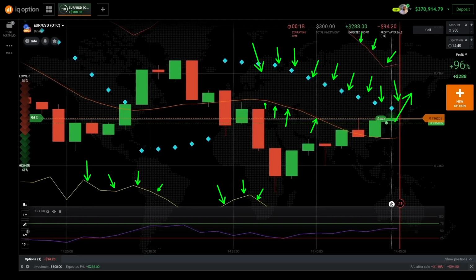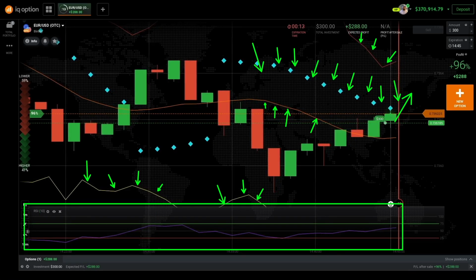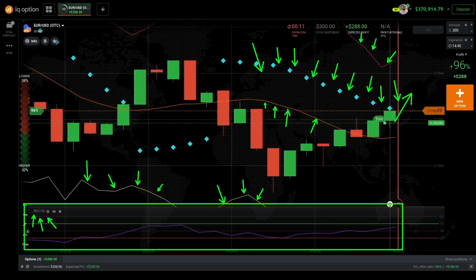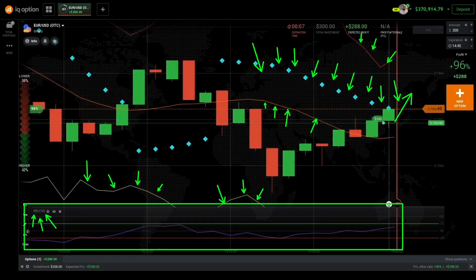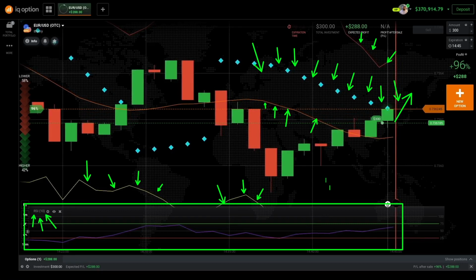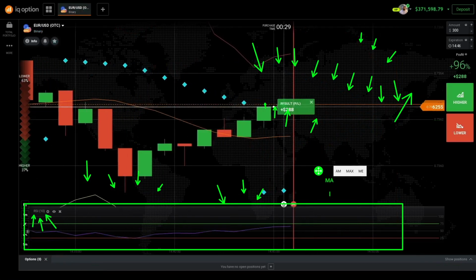And this box over here is called RSI. I use these three indicators. Sometimes I use another indicator which is called the MA, or the moving average.